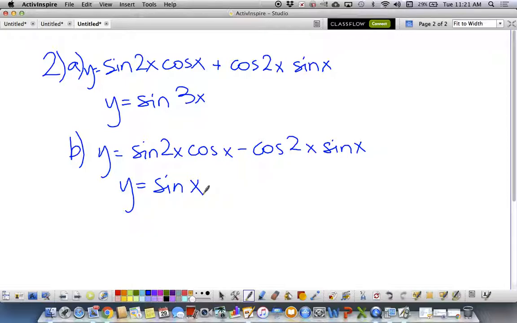Can you make your generalizations? Go ahead and write your equations. Make your generalizations of what is happening for each one.